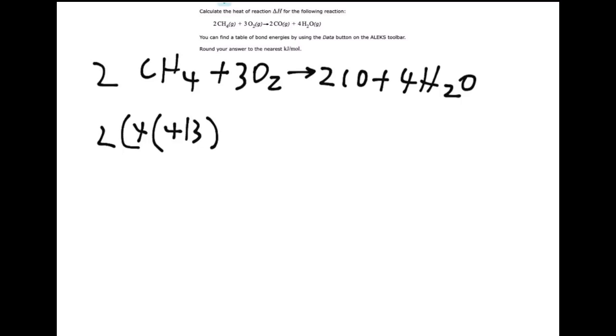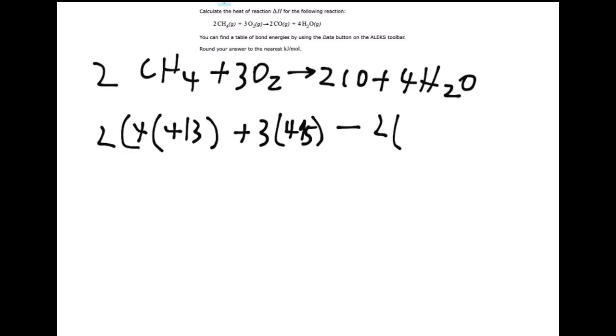Okay, and then that's plus 3 times the energy of an O2 bond. The energy of an O2 bond is going to be 495. Again, these are the numbers that I have in my chart, but your chart might be slightly different. Minus 2 times the energy of a CO bond.